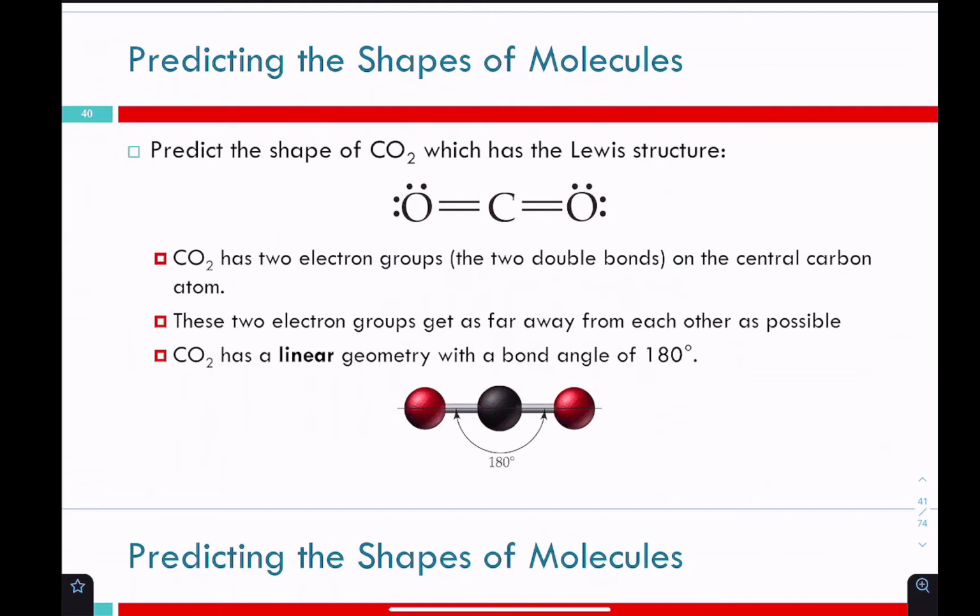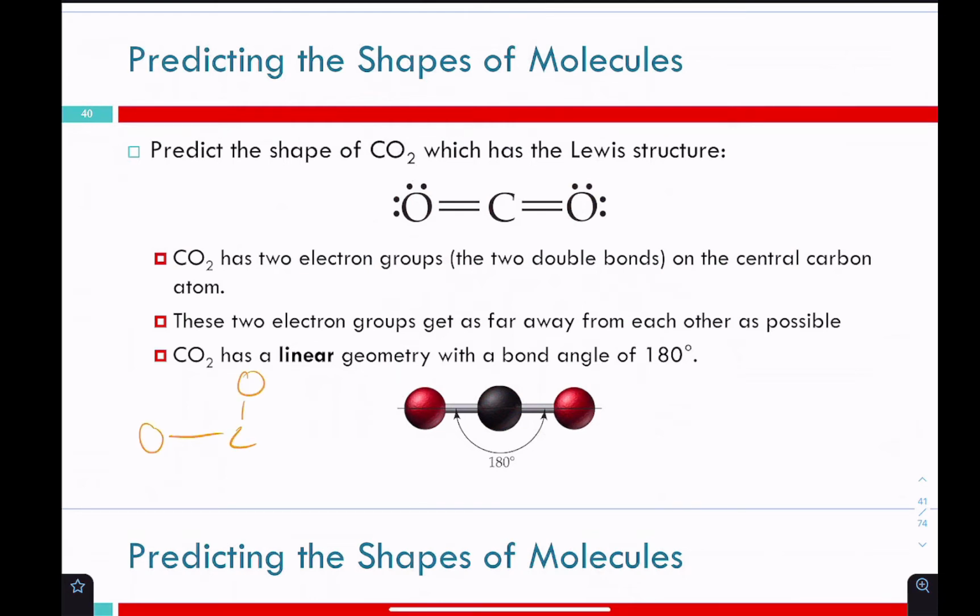You can't have the atoms together on one side. We're just talking about how these oxygens are spread out around the carbon. So you wouldn't get oxygen here, carbon here, and then the oxygen up here.